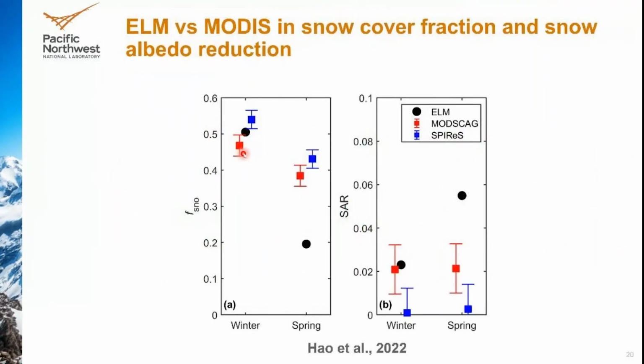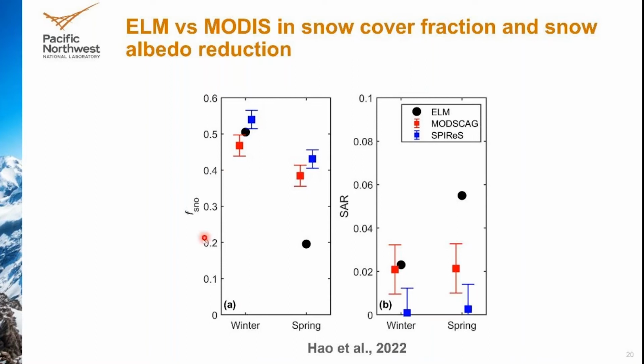This figure shows the regional average mean value. The left figure is for the snow cover fraction, and the right figure is for the snow albedo reduction by light absorbing particles, black carbon and dust. Here the black circle is ELM and red and blue represent two remote sensing products.